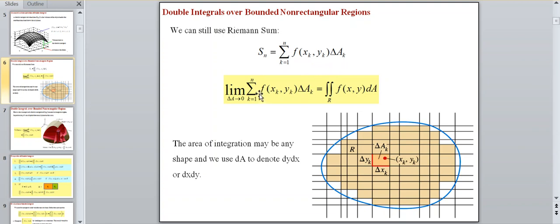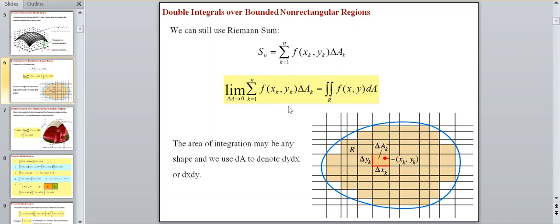Now, if we take the limit of this Riemann sum as n approaches infinity, here they say delta A k approaches 0. This is equivalent to saying that n, the number of small rectangles, approaches infinity.